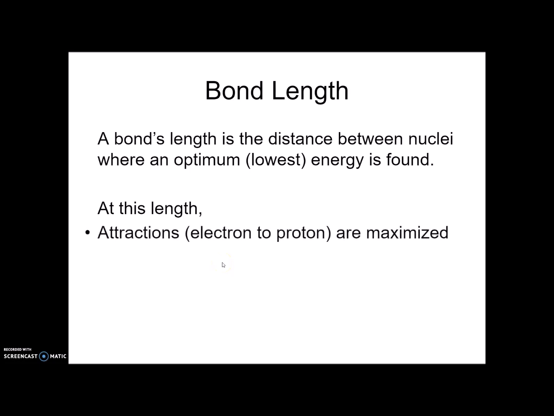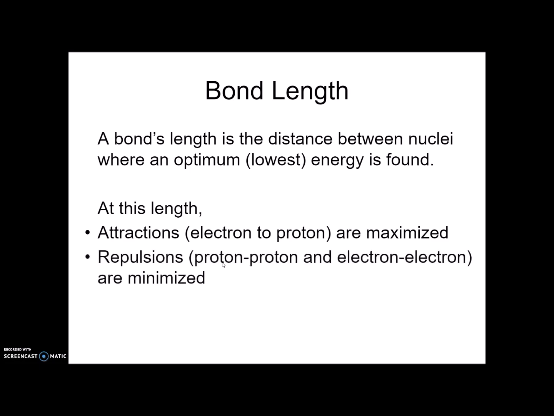Number one, the attractions from one atom's electron to the opposite atom's protons are maximized. And secondly, repulsions between the proton of one atom and the proton of the adjacent atom, and between the electron of one atom and the electron of the adjacent atom are minimized. Maximize attraction, minimize repulsion, and you have your optimal bond length.